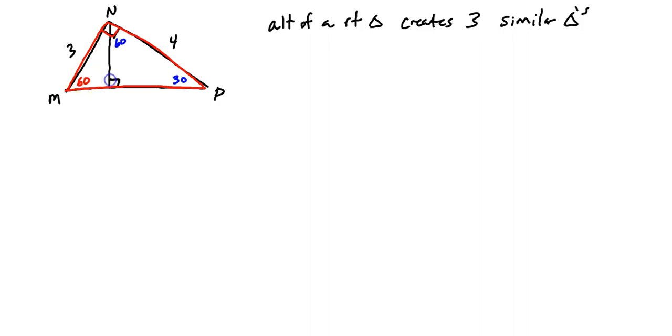And because this is 90, that means this must be 90 because they form a straight line. And if this was 90 up top and we knew that this part was 60, that would make this part 30. So basically we have 3 30, 60, 90 triangles. All right? So this theorem says that the altitude of a right triangle always creates 3 similar triangles. So I could use proportional sides to solve this one.